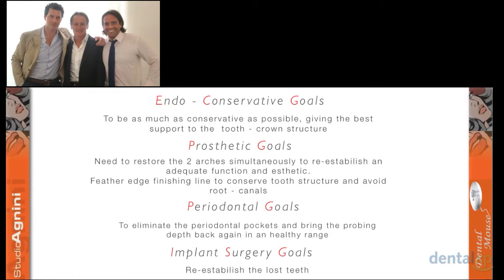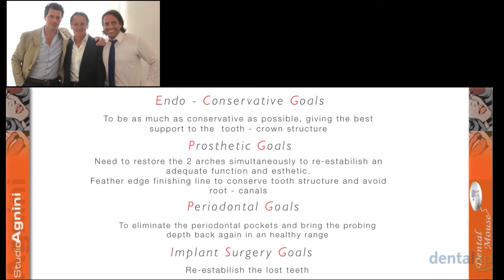And as I was saying, the patient is in the middle of our treatment plan, and as prosthodontists, we have to evaluate every step of our procedure, and we have different goals that we have to achieve for every discipline that is involved in this treatment plan.